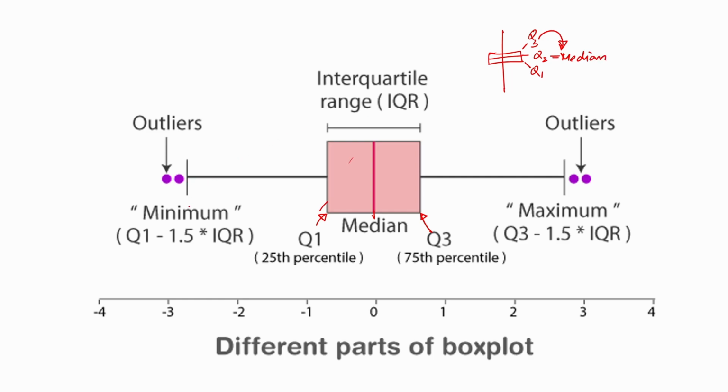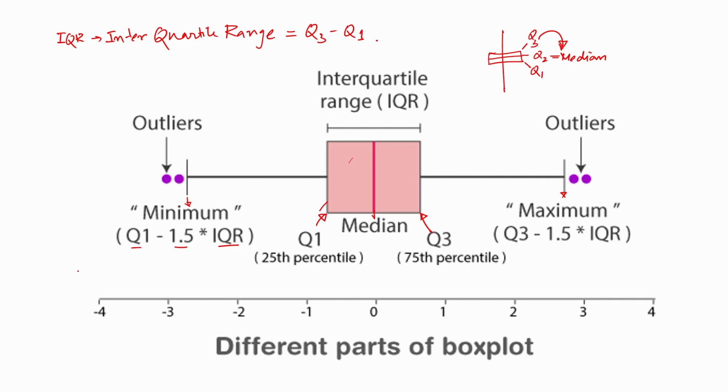Then the ends of this distribution or the line are the maximum and minimum for the box plot, and these are calculated by Q1 minus 1.5 times IQR. IQR stands for interquartile range, and it is calculated as Q3 minus Q1.